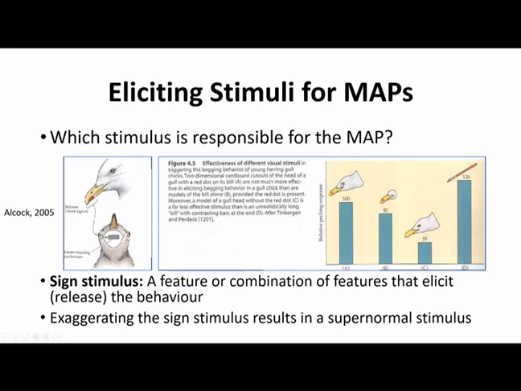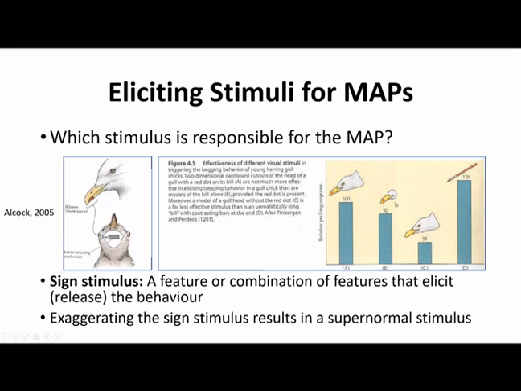So if they have a head of a bird, plus the beak, plus the red dot, so they've got basically everything they'd have in nature, as expected, they have a certain amount of responding. So I think they've scaled this to 100% responding to the most natural of their stimuli. So that's our baseline because that's what they do in the wild.